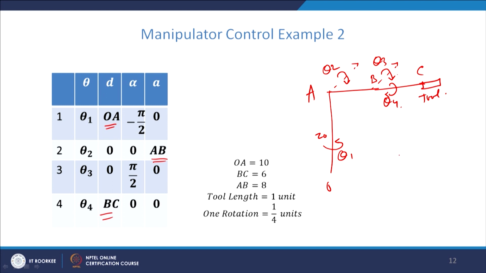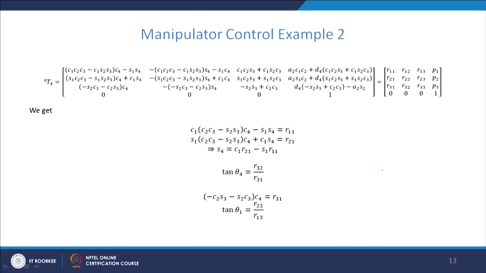So, here in this example it is starting from an initial position, then reaching a position on the ground and inserting the tool at a particular point. So, for performing this task we can design the problem in the following manner.